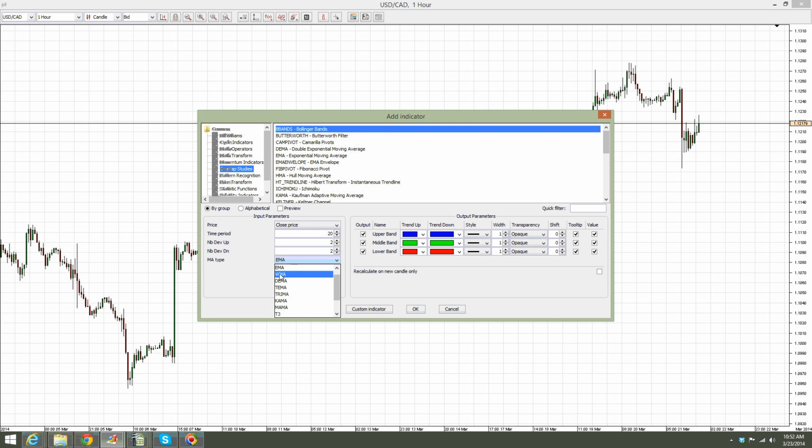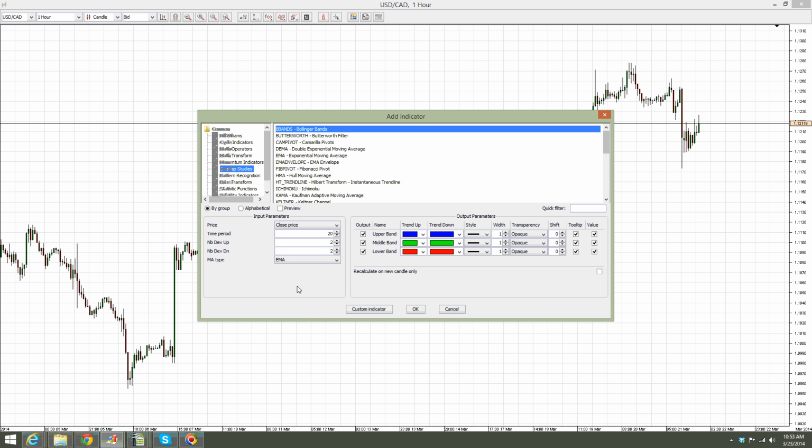It can be a DEMA, that means double exponential moving average, or a TEMA, triple exponential moving average, or all kinds of other possibilities here. It can be a simple moving average, or it can be EMA. I strongly recommend for it to be EMA.